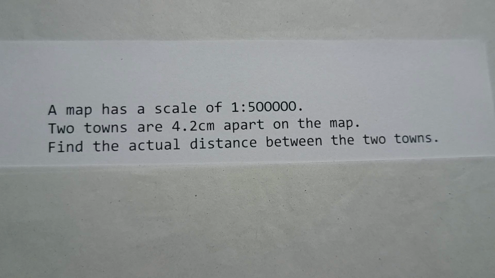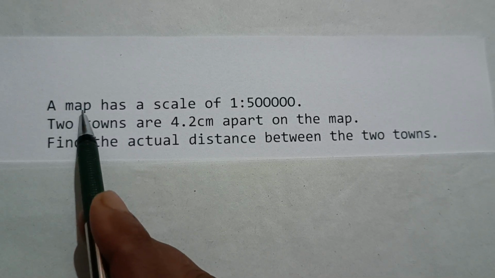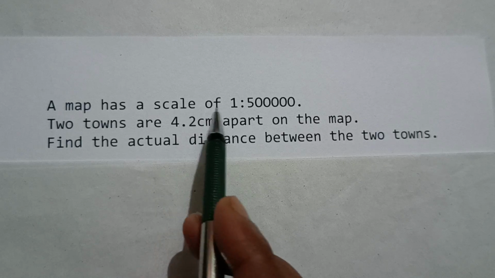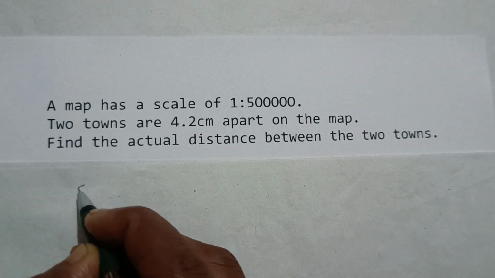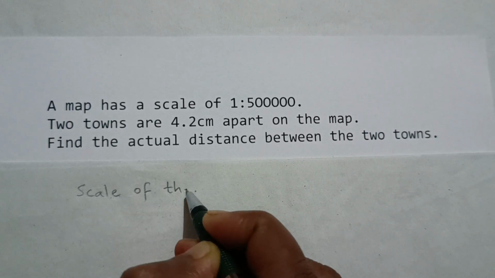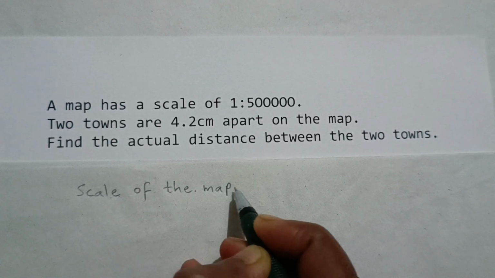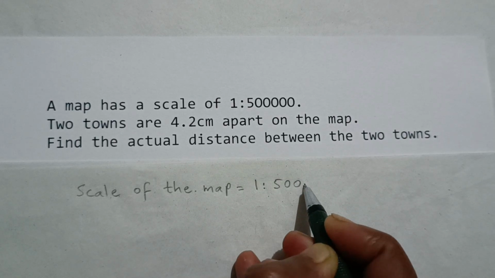So let us start solving this question. So we have been given that there is a map whose scale is 1:5 lakh. So the scale of the map is 1:5 lakh.